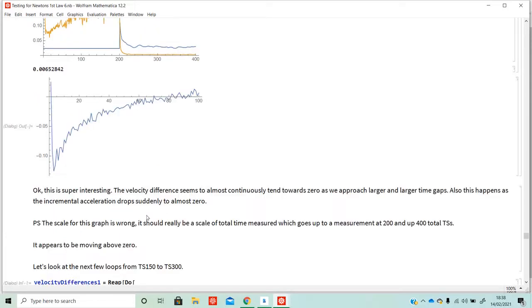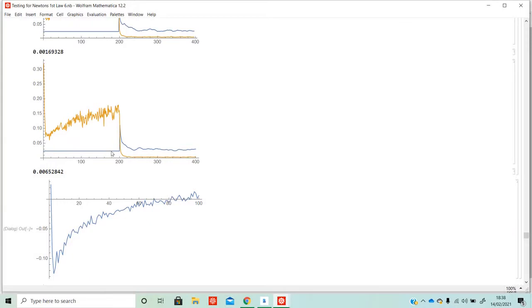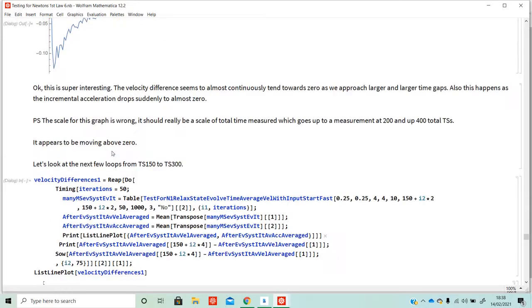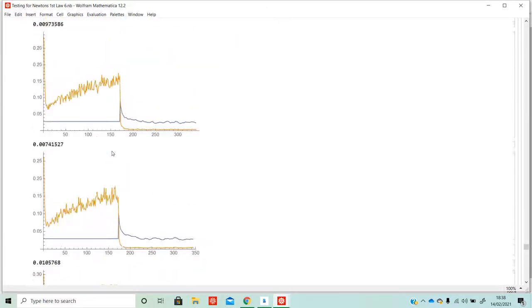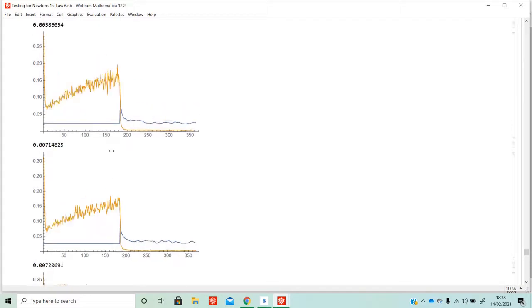But it definitely looks like the average velocity that the particles are moving at tends to be the same as the velocity when the system is fully relaxed and doesn't experience any incident actions. So I mean that's kind of evidence for Newton's first law.